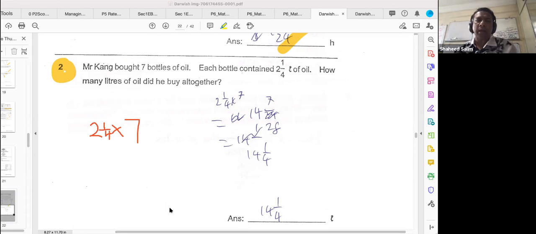Use a calculator. You know how to do that in a calculator, 2 and 1/4 times by 7, please. Is your answer 15 3/4?